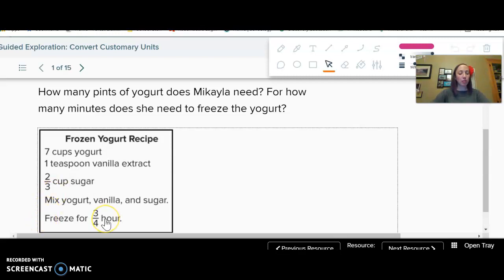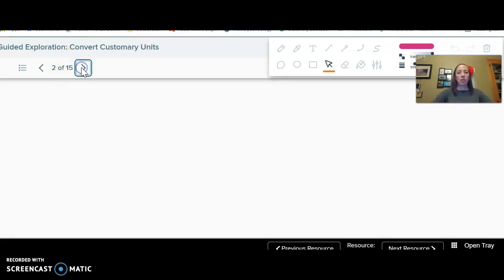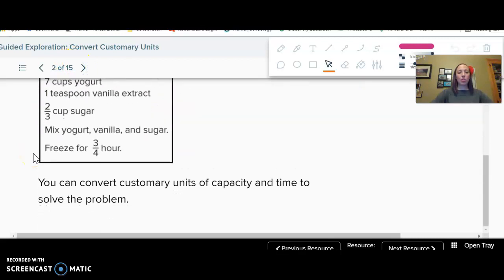It says freeze for 3/4 of an hour, so how many minutes is 3/4 of an hour? So you can convert customary units of capacity, meaning like amount or volume, and time to solve the problem.